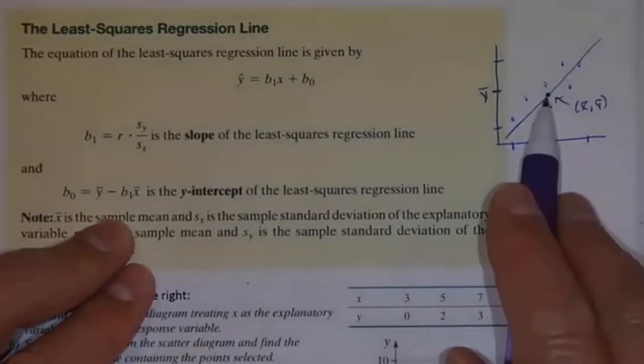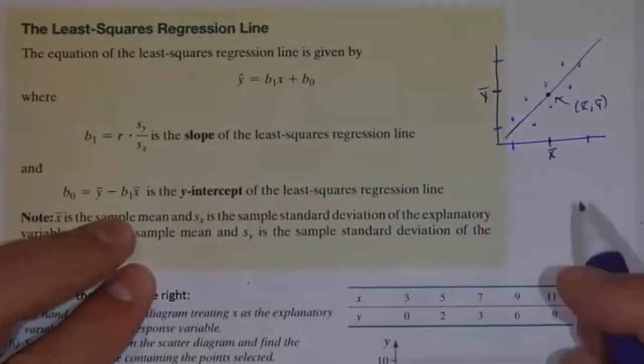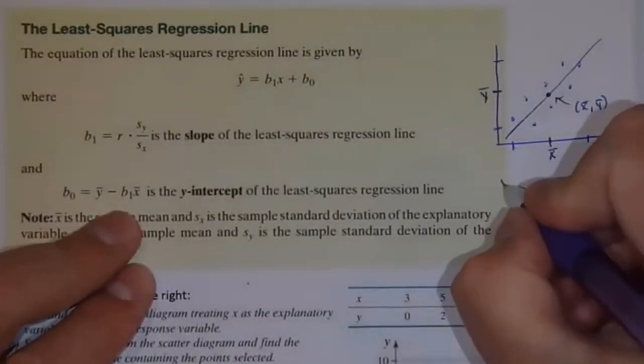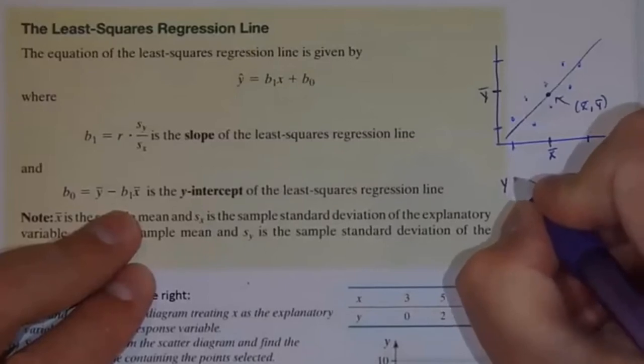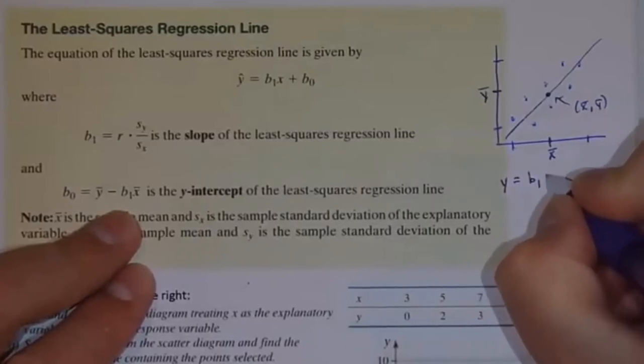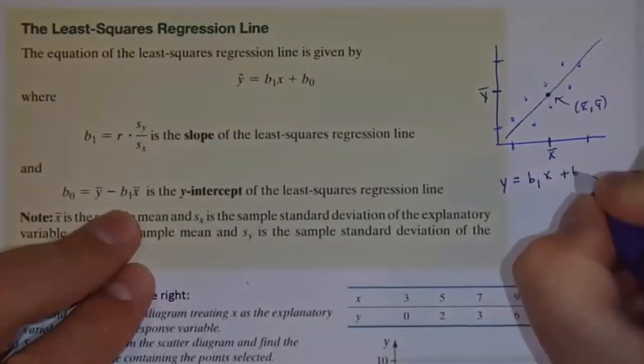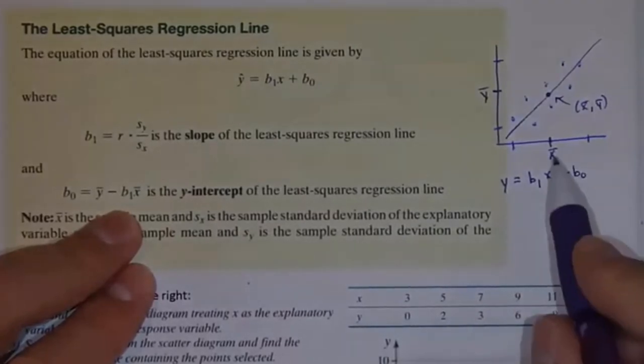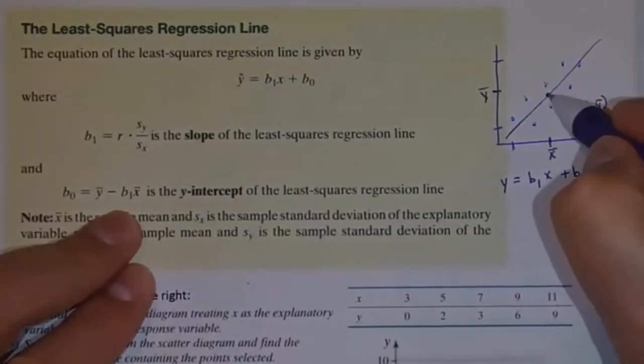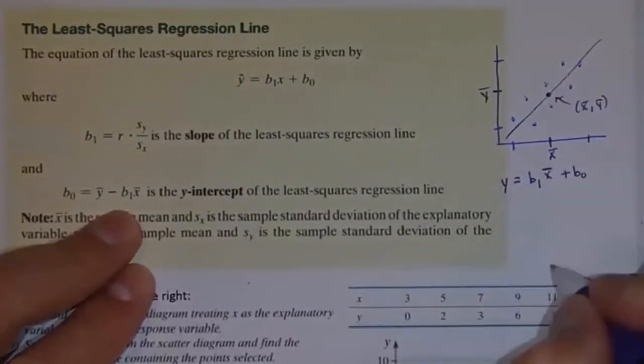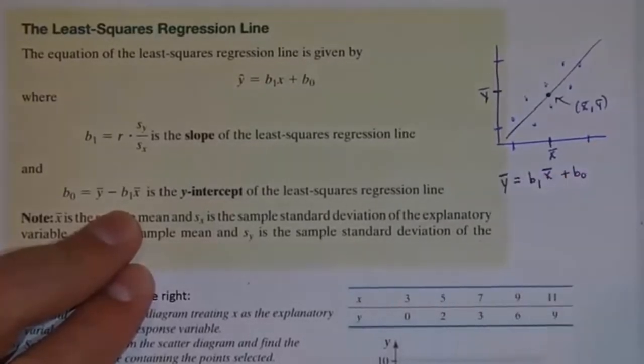Now, if we know y equals the slope times x plus the y-intercept, and the line's going through this point, then that means x is x bar, and y is y bar.